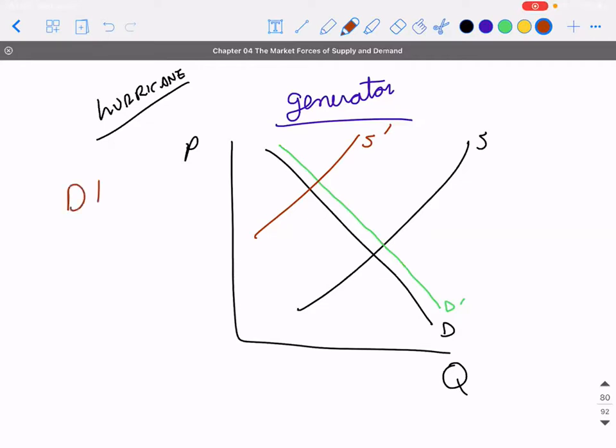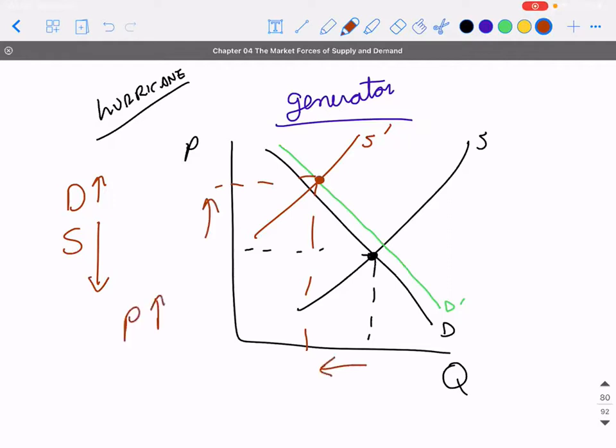So we've got demand increasing, we've got supply decreasing by even more. And we're going to see here that the price is rising and the quantity is falling.